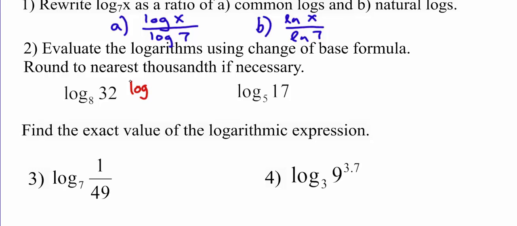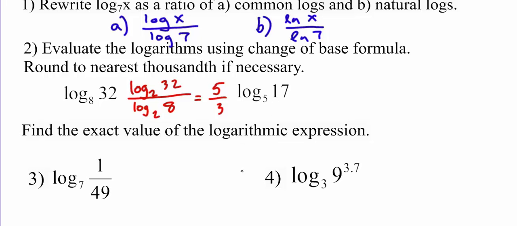So I'm going to do log base 2 of 32 divided by log base 2 of 8. Again, you can choose any base you want. The advantage in this case of base 2 is that 2 to the 5th power is 32 and 2 to the 3rd power is 8. So we know that the log base 8 of 32 is exactly 5/3.